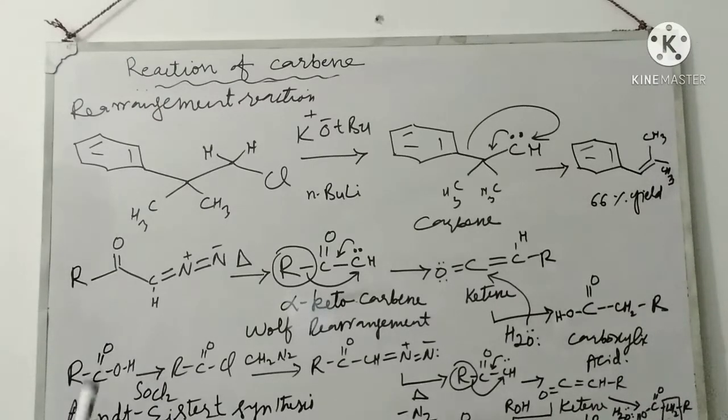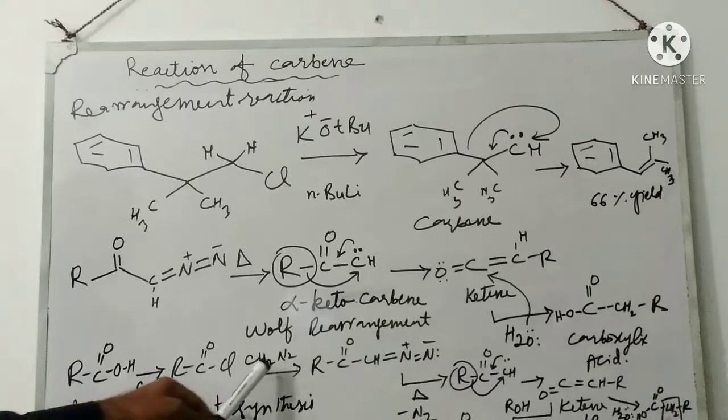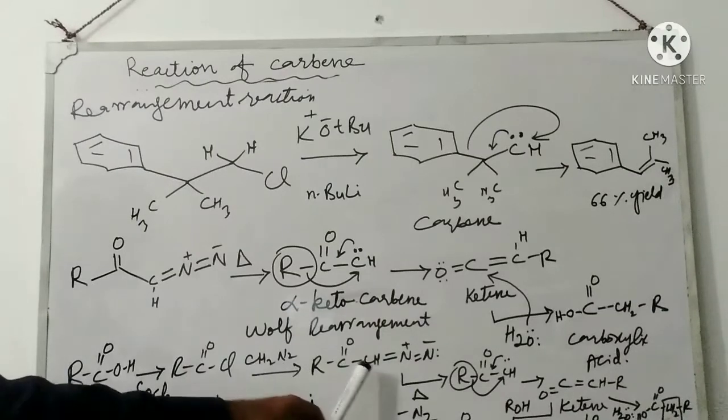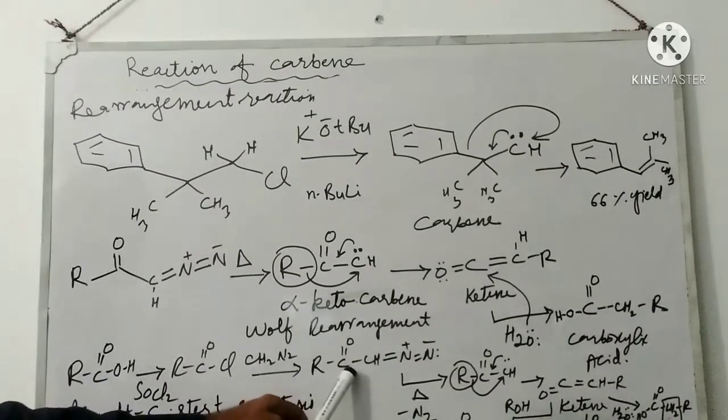Overall, this reaction is called the Arndt-Eistert synthesis. Basically in the Arndt-Eistert synthesis we start with a carboxylic acid. When the carboxylic acid is treated with thionyl chloride, it makes the acid chloride. Then this acid chloride is treated with diazomethane to make this azo compound.